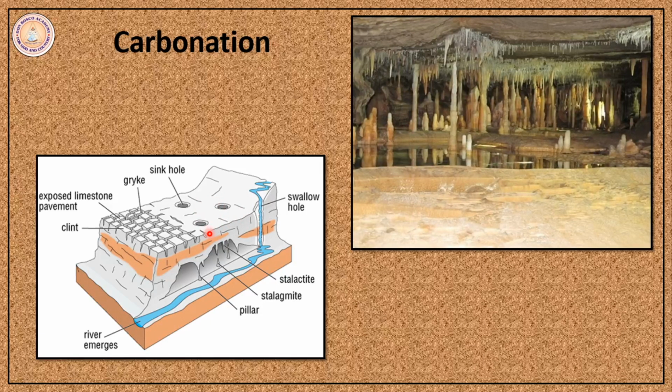The water then seeps through and with calcium carbonate, it forms calcium bicarbonate, which dissolves in water and can wash away limestone very easily. So as this water seeps through, it begins to make several structures inside the lower layers of the limestone area.